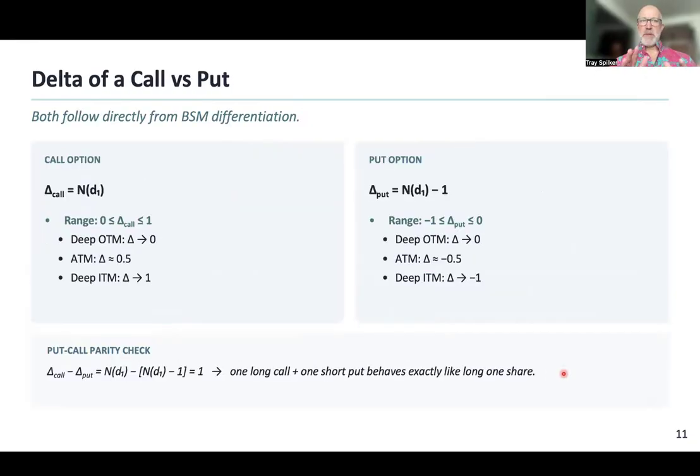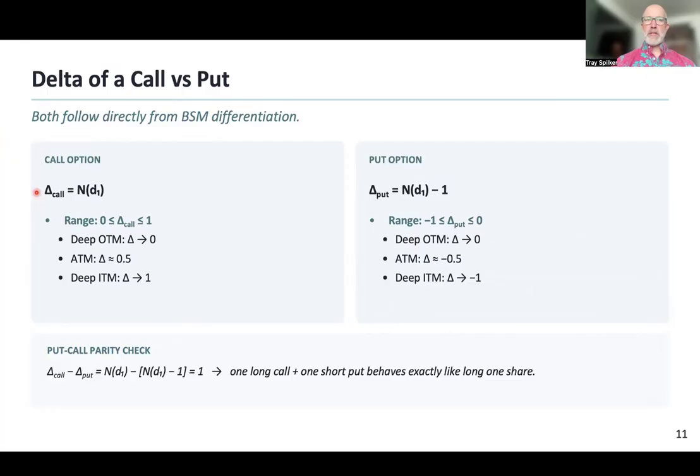Now, in terms of the characteristics of a delta for the call and the put option, both follow directly from the partial differential equation that the Black-Scholes-Merton model gives you. So for a European call option on a non-dividend paying stock, the delta of a call option is actually equal to N of d1, right?